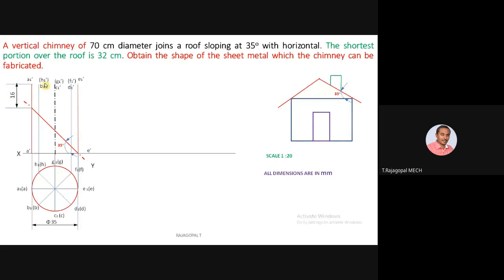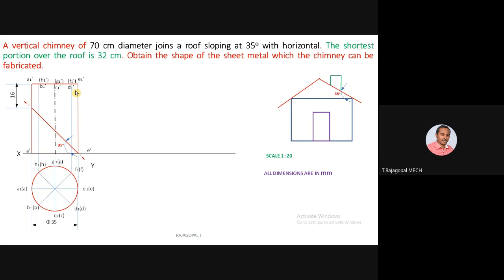Now we can fix the top face of the chimney. Now, friends, there is one more interesting thing. We always solved problems where above the section plane is the removed portion with respect to xy, and below the section plane is the remaining portion of the solid.